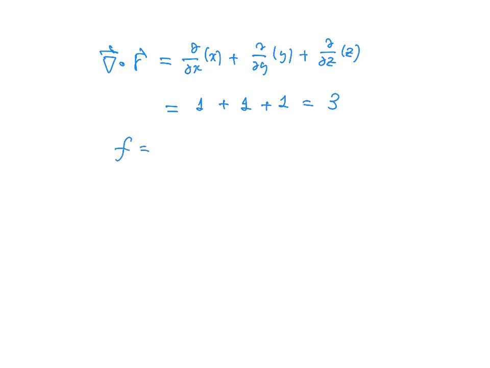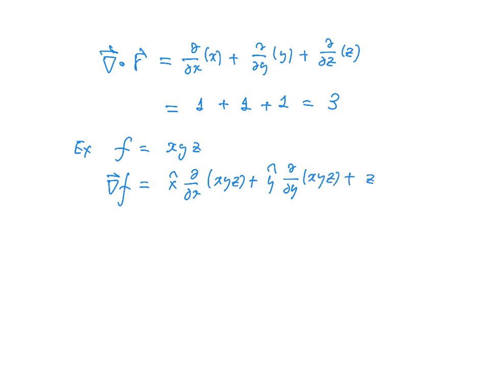For scalar functions, say another example, f equals xyz. So the gradient of f: partial of xyz over partial x, partial of xyz over partial y, partial of xyz over partial z, which is, the first component yz, right?